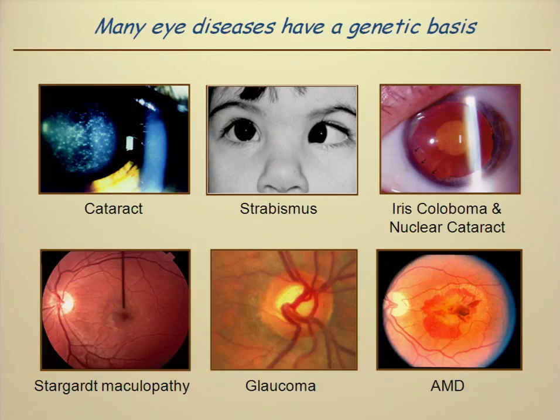And at the bottom, 3 views of the back of the eye. Age-related macular degeneration, a sheet of blood on the back of the eye, through which vision is going to be distorted, and when this blood consolidates and tears up the neural retinal tissue, obviously the vision is going to be impaired significantly.